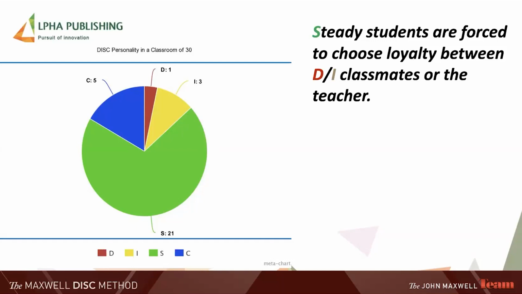They don't want to turn on their teacher because it's important for them to be liked by their teacher. But if they notice that the teacher's lost control of the class, why am I going to be loyal to the teacher who's lost control of the class? I'm going to enjoy my I friends, and all of a sudden your whole class is there.